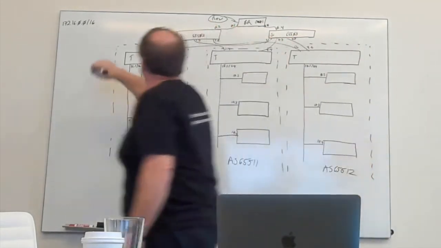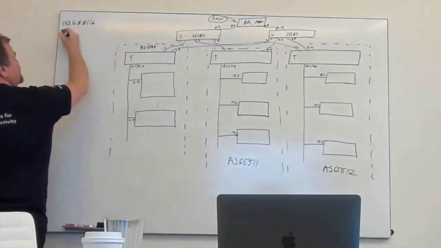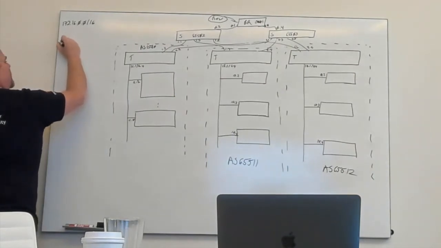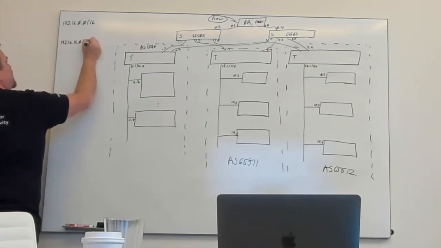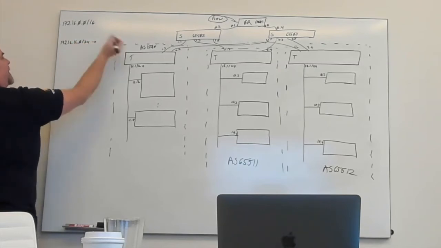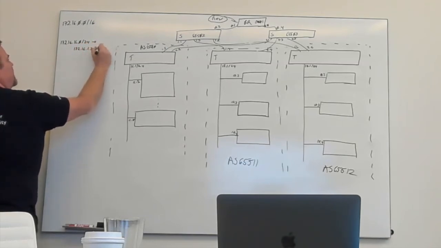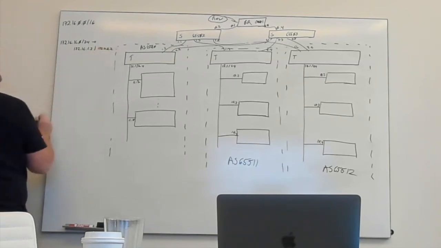So the routing table in these top switches has 172.16.16.0/24 with a next hop of, depending on which switch it is, either 172.16.1.2 or 172.16.2.2.